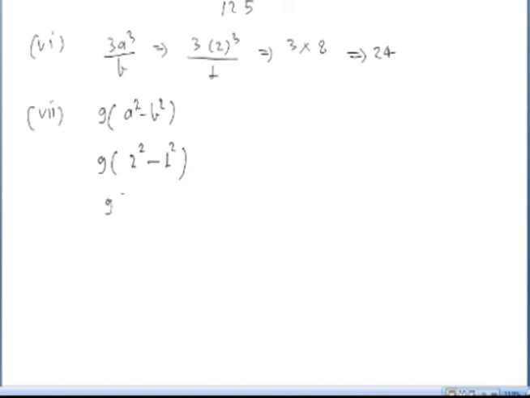So first solve this bracket. 4 minus 1. 4 minus 1 is 3. So bracket 3. 9 times 3 is 27. Okay. Question number 8.